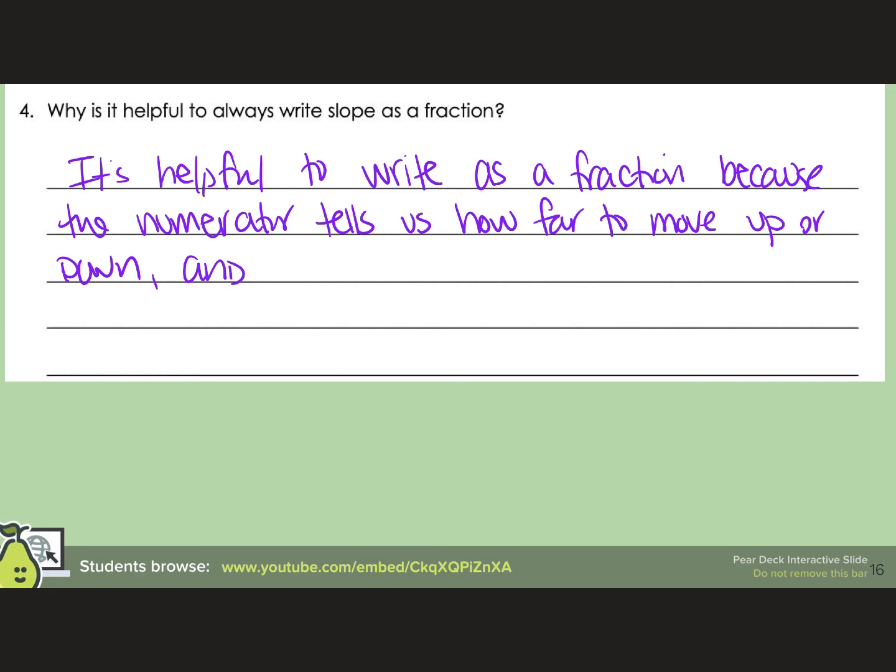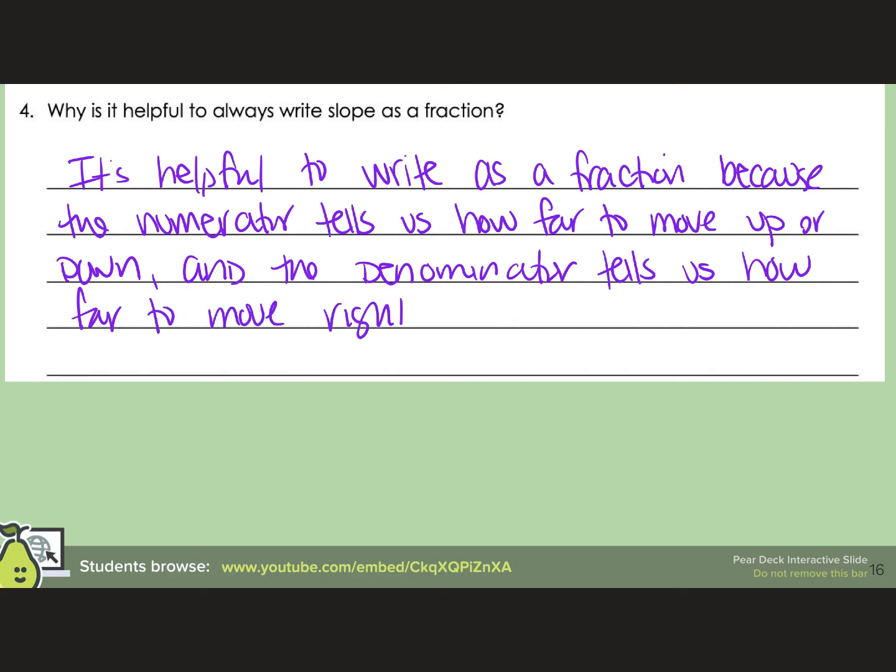And the denominator, that's the number on bottom, tells us how far to move right or left. So that's why we always write slope as a fraction.